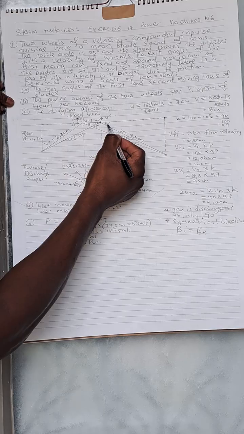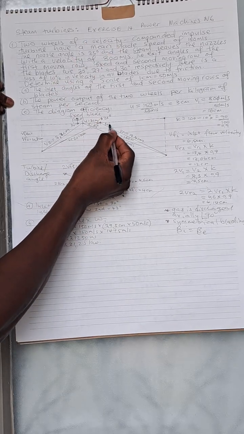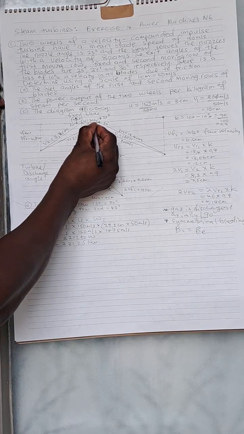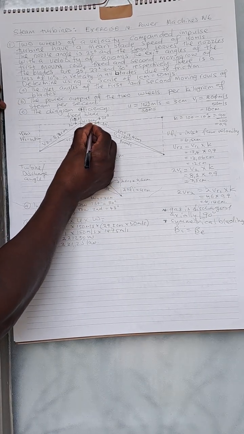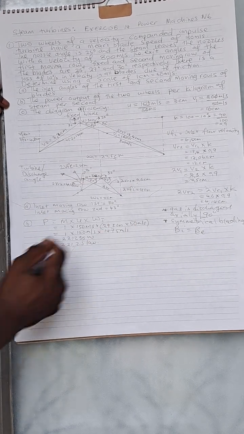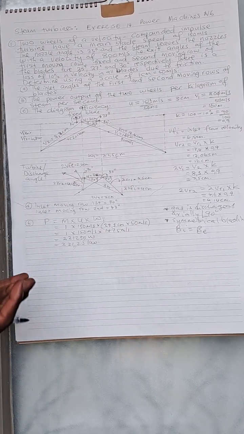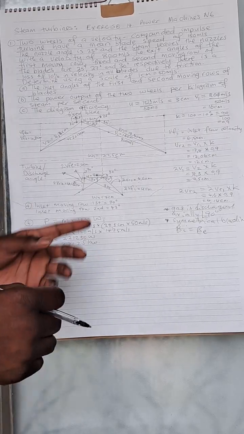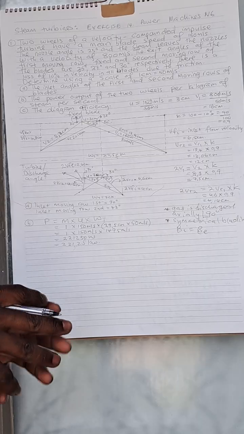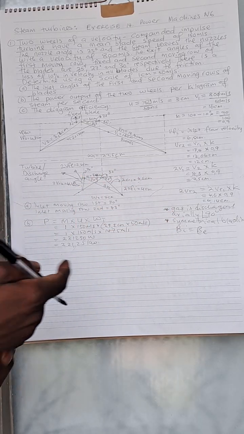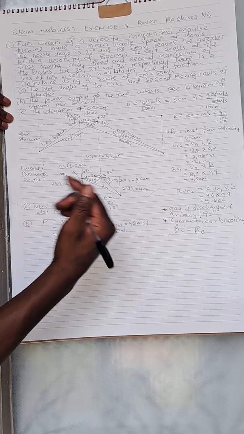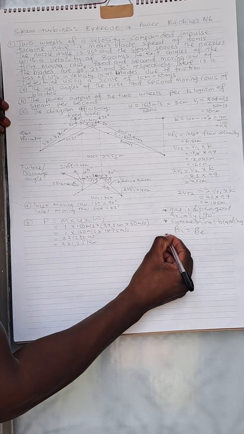They are twins. If you found this angle to be 30 degrees, this one also becomes 30 degrees. If you are given this angle to be 25, this must also be 25. That is what is meant by symmetrical blading. Some books might call it equiangular blading, which is one and the same thing. They are simply saying your beta inlet and beta exit angles are equal. Remember that one.